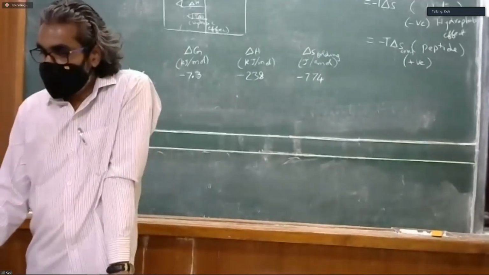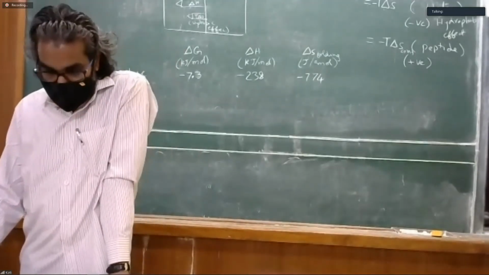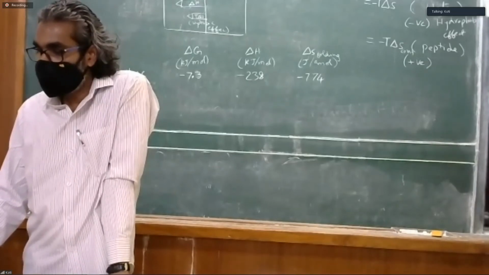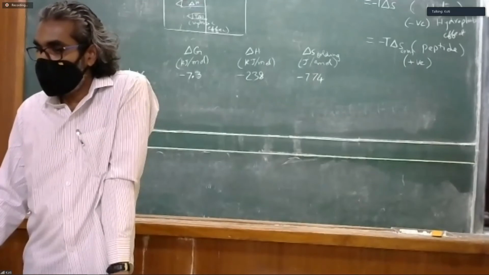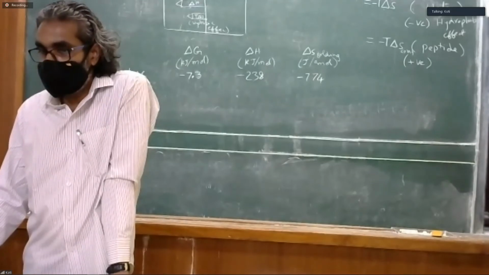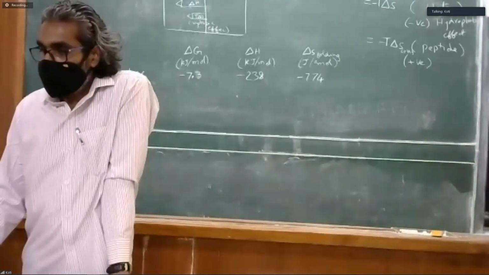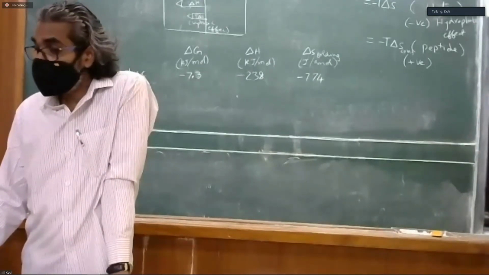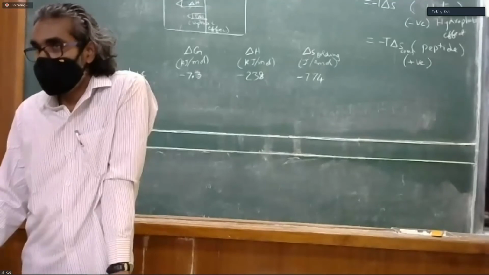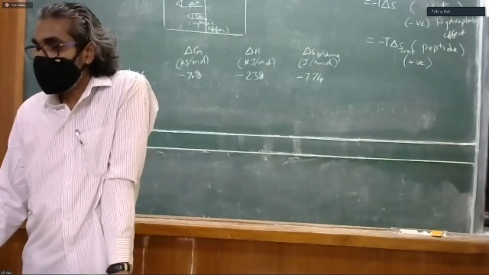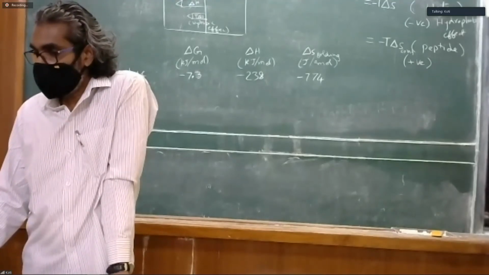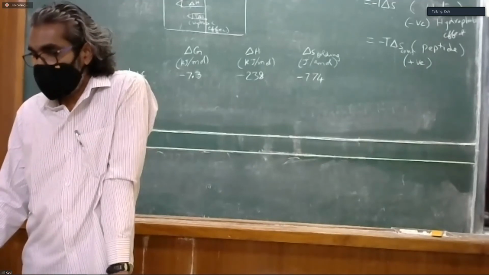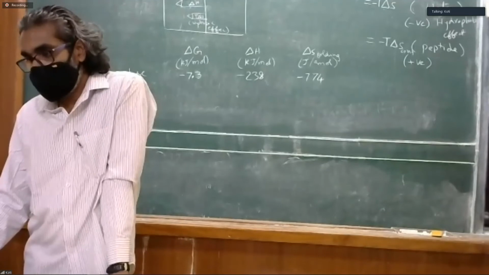So very simple methods are, let's say you take a protein which goes from the folded to the denatured state, and then you can calculate directly the enthalpic changes. There are calorimetric methods which are direct, so you can measure the heat changes, and then convert that into delta G. There are direct methods and indirect methods.